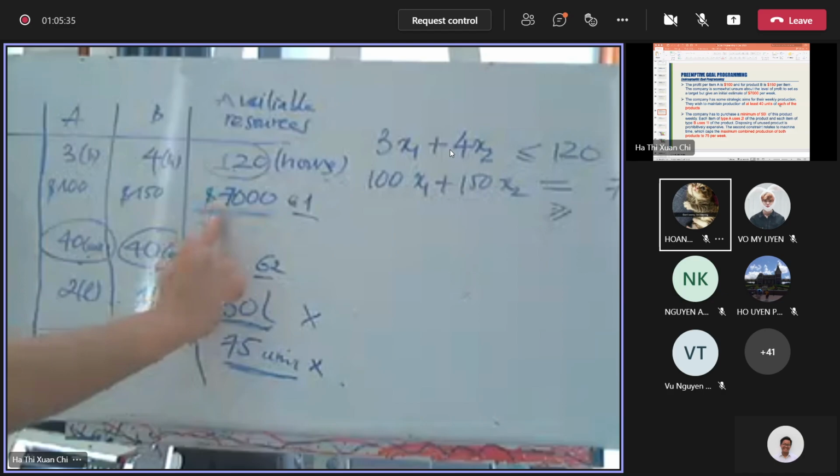Okay. So for goal programming, everyone, here that is goal 1, goal 2, right? Goal 1 with labor. It's goal 3. So here that is goal 3, right? That is goal 1, that is goal 2.